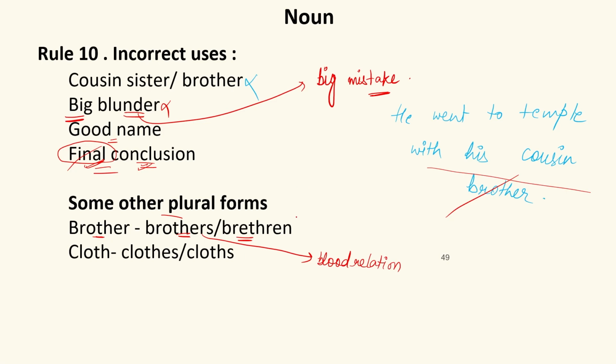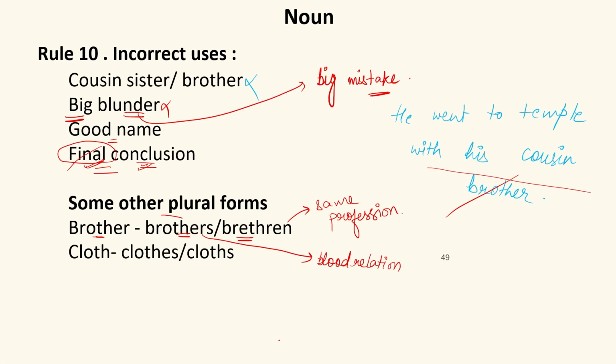But brethren stands for the same profession, or you can say persons who belong to the same category, the same profession, the same community, the same religion. They are brothers in themselves. But here as well we cannot use brethrens, because brethren is itself a plural form. So we cannot write brethren as singular or brethrens as plural.